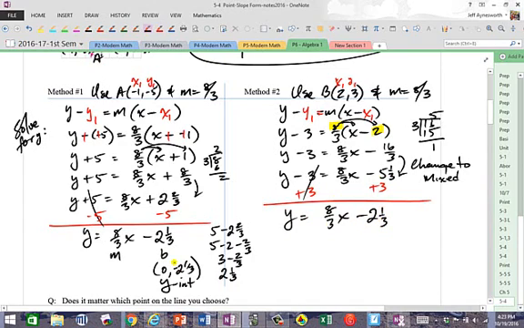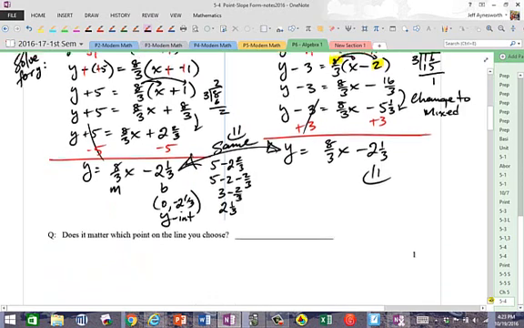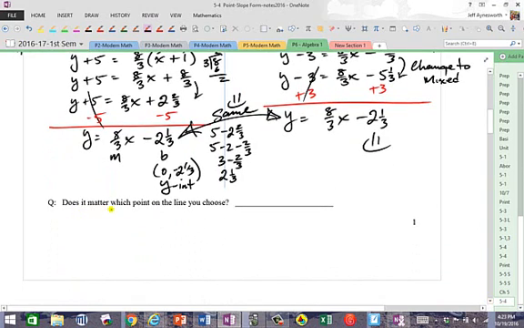It's the same. Look at that, it's the same. Which is a good thing, so I'm happy. So this is the same as the previous one. So it really doesn't matter which point you pick. Does it matter? No. Everybody say no. No, it doesn't matter.